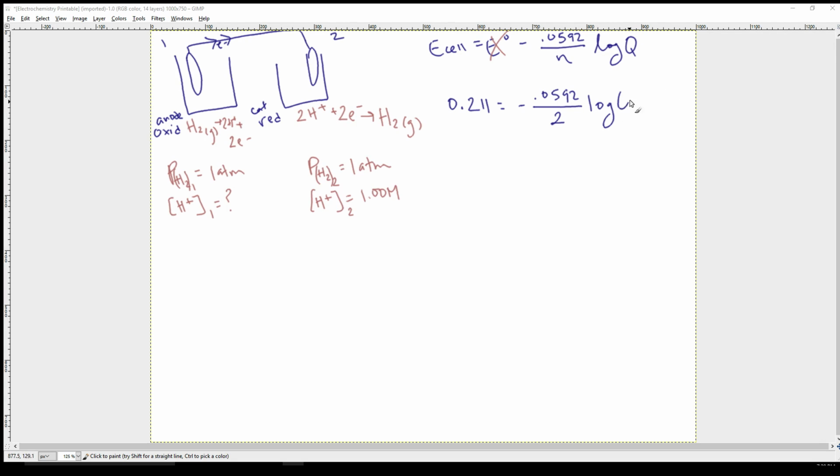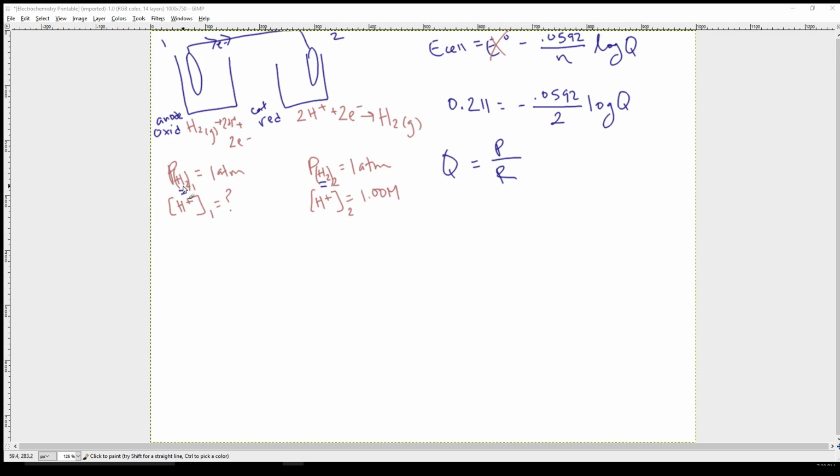Okay, this is the hard part. Let's figure out Q on the side over here. I know Q is products over reactants. And like we've never actually mixed pressures and concentrations because it doesn't really work that way. Unless you have a concentration cell where notice how these pressures are both for H2.